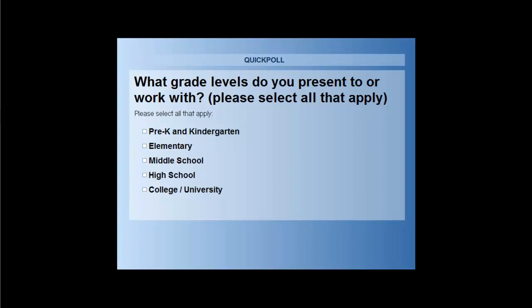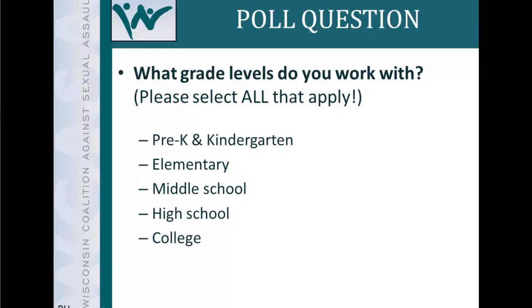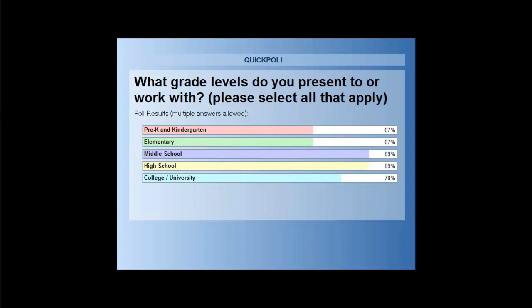Okay, fantastic. I'm going to go ahead and close that and share those results with you so you can see. We can see that middle schools and high schools are the highest level, almost 90%, followed by university and college, and then elementary school and pre-K. The great thing that I'm hearing is that the people on this webinar have a wealth of knowledge.